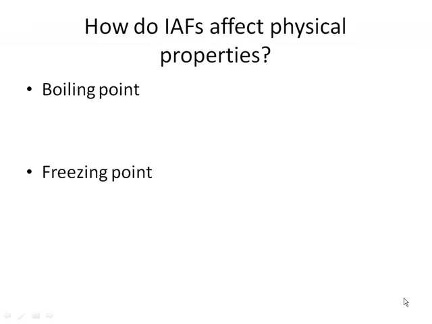How then do intermolecular attractive forces affect your physical properties, and specifically, boiling points and freezing points? So let's start with boiling. If you think about it, when you boil something, you have molecules that are pretty close together in the liquid state. And when you boil, you're asking those molecules to move farther apart.